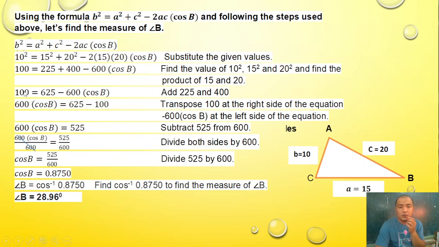Or maybe transpose 100 here: 625 minus 100, 525. Transpose negative 600 cosine B to the left side, becomes positive 600 cosine B. Divide both sides by 600. The answer is 0.8750. Then to get the measure of angle B, shift cos 0.8750. The answer is 28.96 degrees.